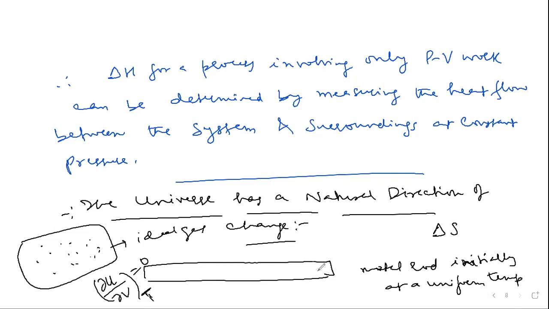So experience tells us that there is a natural direction of change in these two processes. What is that natural direction? A metal rod with a temperature gradient always reaches a uniform temperature at some time after it has been isolated from a heat source, right? That is the natural direction.